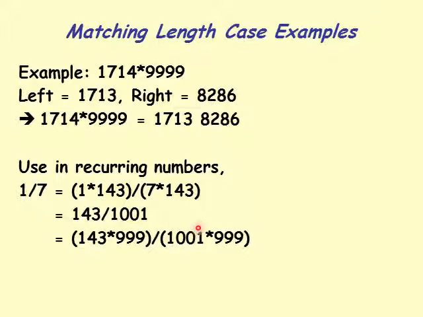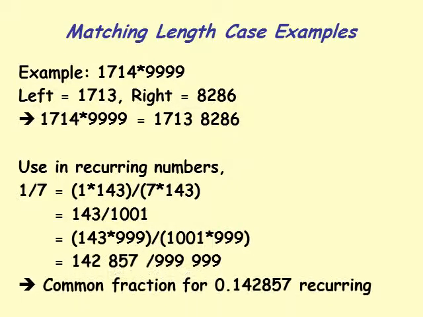So 999 is 1 less than 1000 and 1001 is 1 more than 1000. So it's like 1000 plus 1 times 1000 minus 1, which is like a plus b times a minus b, which is a squared minus b squared. But here you can multiply that out by 999.